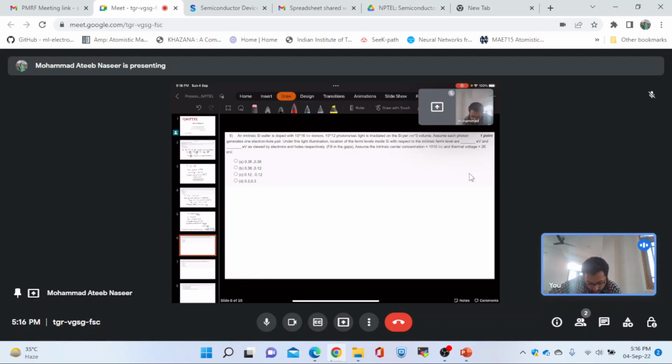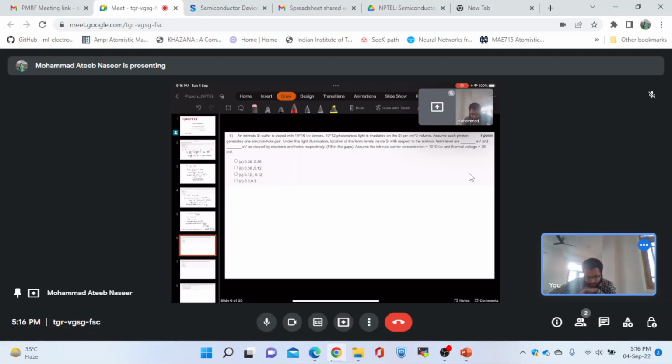So we have been told that each photon generates one electron hole pair, and under this light illumination we have been asked to find the Fermi levels with respect to the intrinsic Fermi level for electrons and holes respectively.